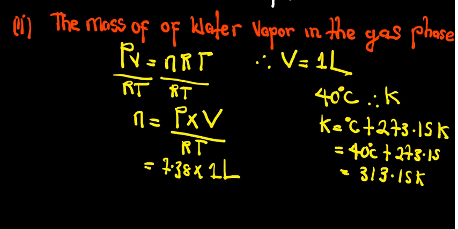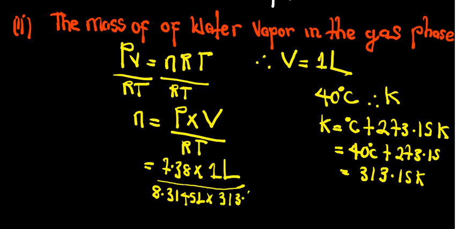Then we are going to divide this over the gas constant, and the value of the gas constant we're going to use here is 8.3145 multiplied by what temperature?